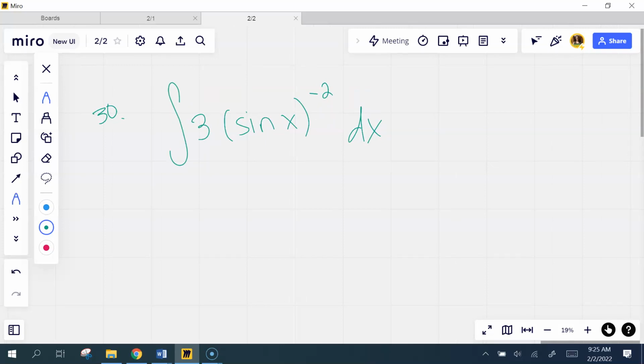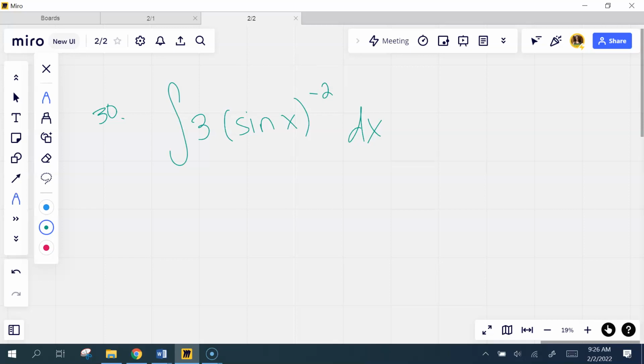You may be tempted on this one to let u be sine x. But why would that not work? Because why? The derivative of sine x is not in there, and there's no way that I can make it show up in there, right?